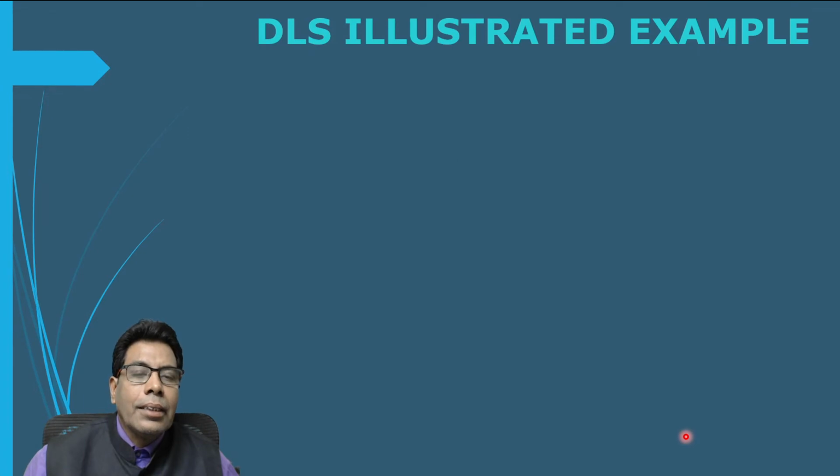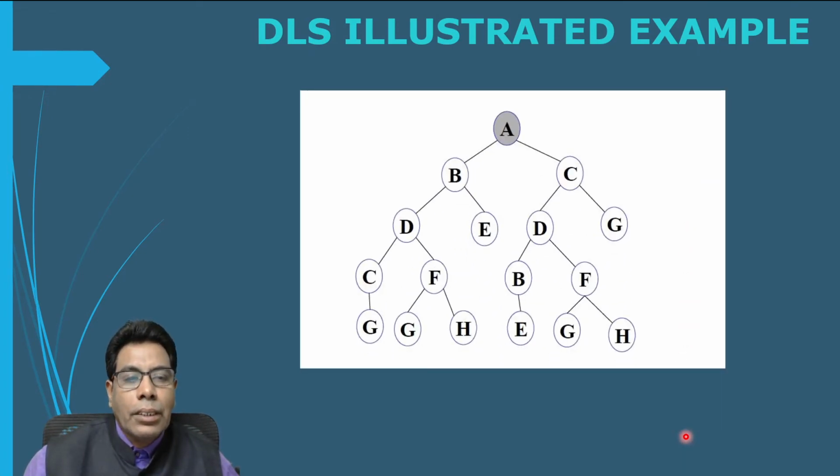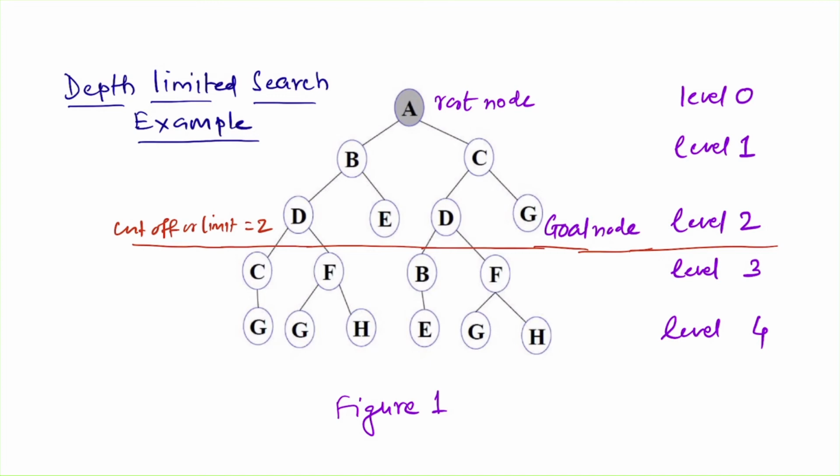Then let us take an example. So here we have the search tree shown here. Let us take this example for depth limited search. Here we have A as the root node, and this will be at level 0. Then we have two nodes B and C, so they are at level 1.